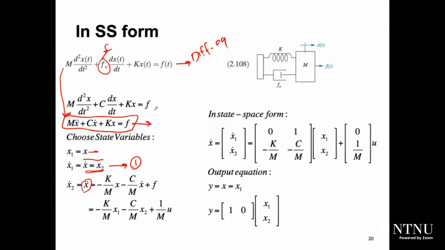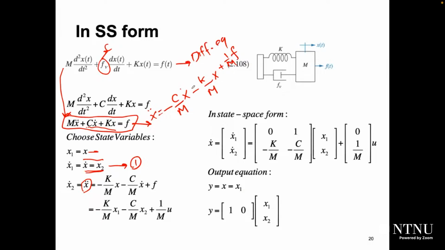From this equation, x double dot equal minus c divided by m times x dot. I just take that part to the other side with a negative sign and divide by m, minus k divided by m multiplied by x, plus 1 divided by m multiplied by f, which is the applied force input.